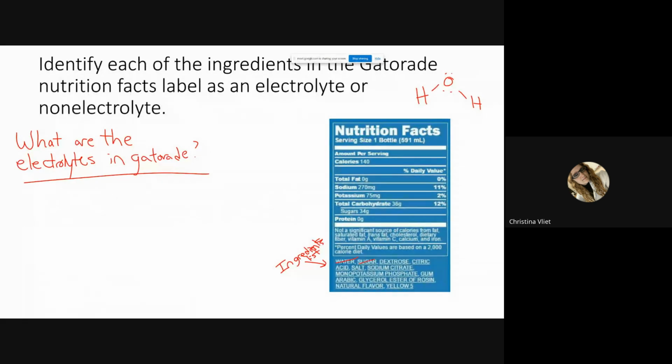So no. Dextrose is also sugar, so no. Even though you may not know the chemical structure for citric acid, you know enough to determine whether or not it's an electrolyte. Is it an electrolyte? Yes, because acids have H+. So we know that the first electrolyte they're talking about here is called citric acid.